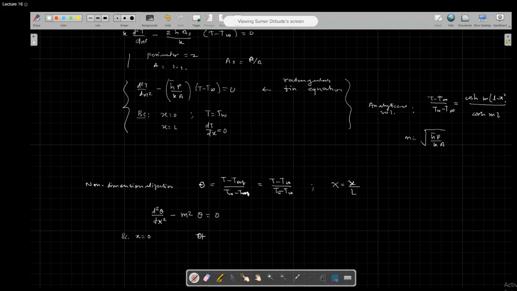Theta is T minus T infinity divided by Tw minus T infinity, and at T equals Tw, that is Tw minus T infinity divided by Tw minus T infinity, which equals 1.